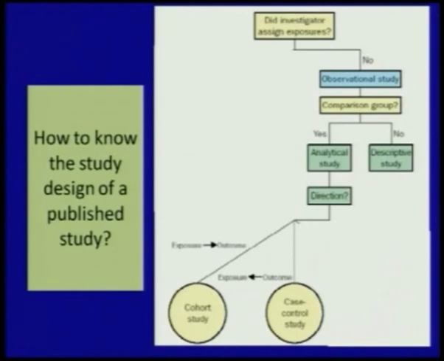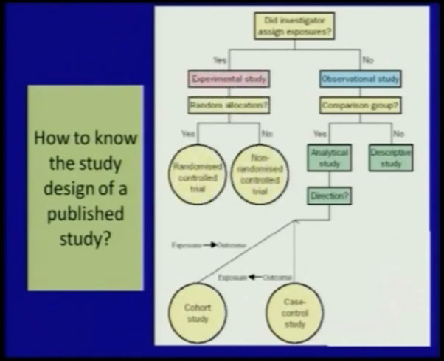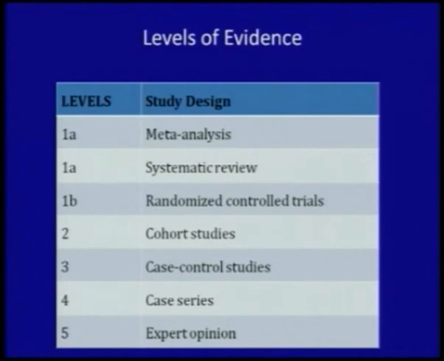If both the exposure and outcomes have already happened, then it is a case control study. If the exposure alone has happened, then it is a cohort study. Coming back, if the investigator has assigned an exposure, it is automatically an experimental analytical study. If it is a random allocation, it is randomized, and if it is not, it is a non-randomized control trial.